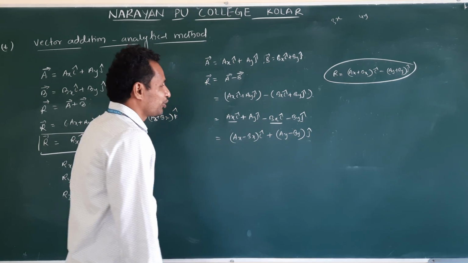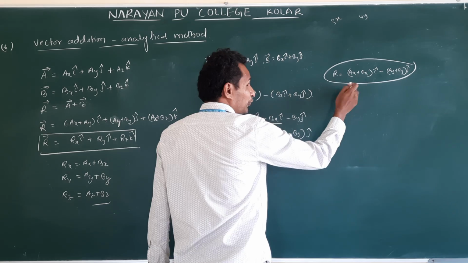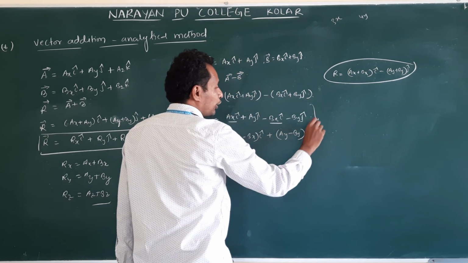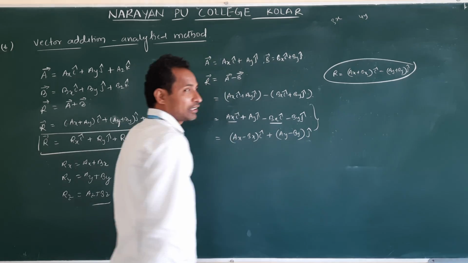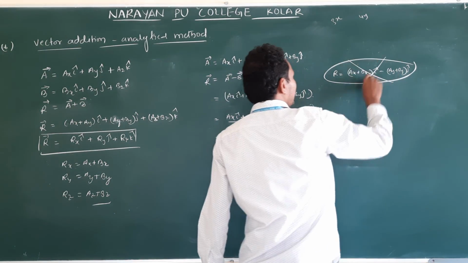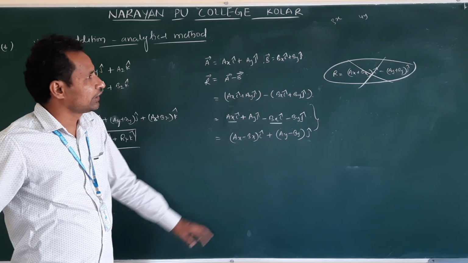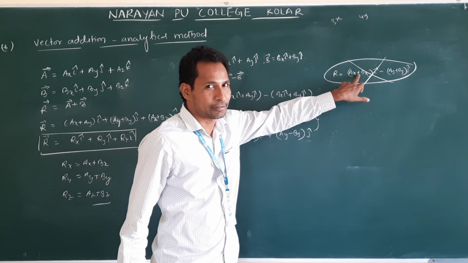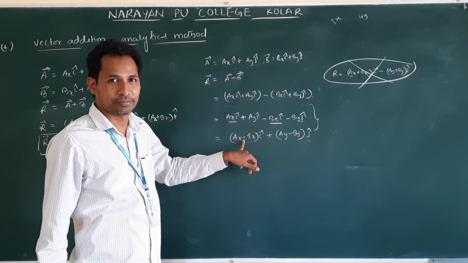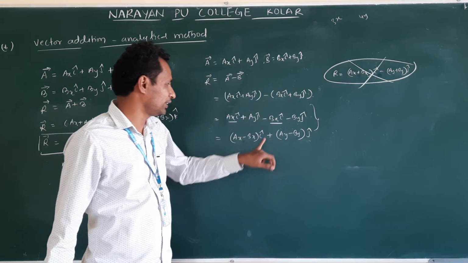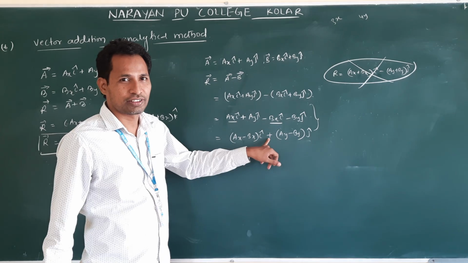Clear? So before doing this, what did we expect? This expected equation is wrong. Here we expected plus, but we got minus. Here we expected minus, but plus. Clear?